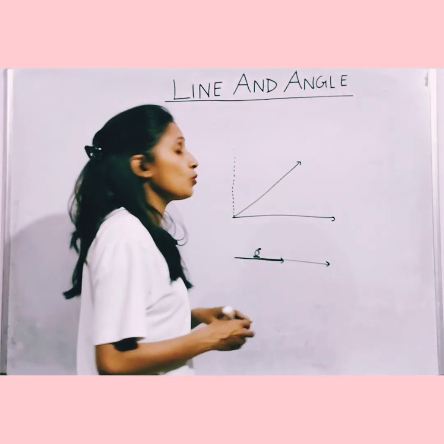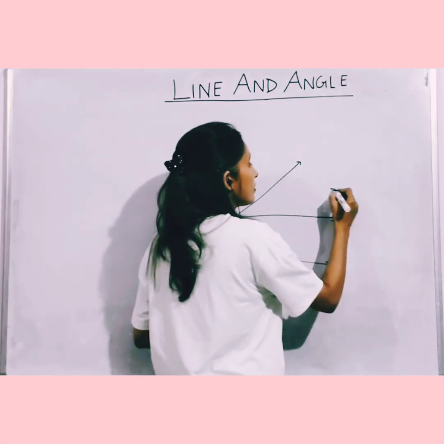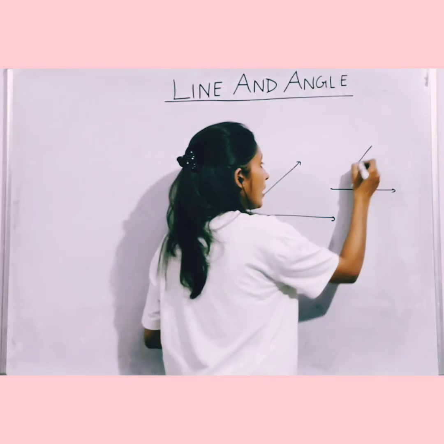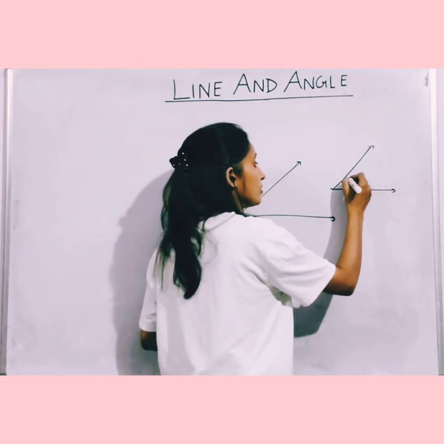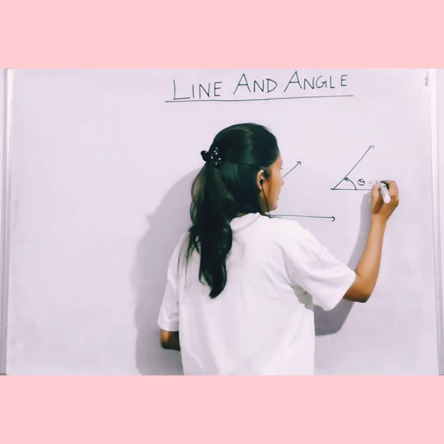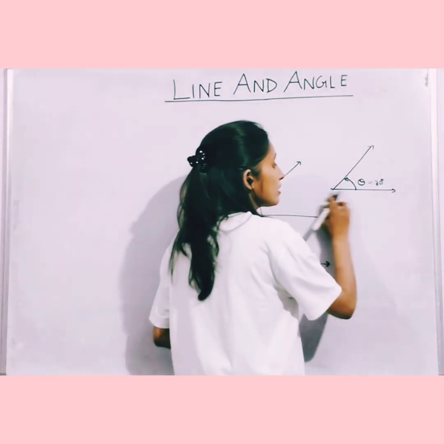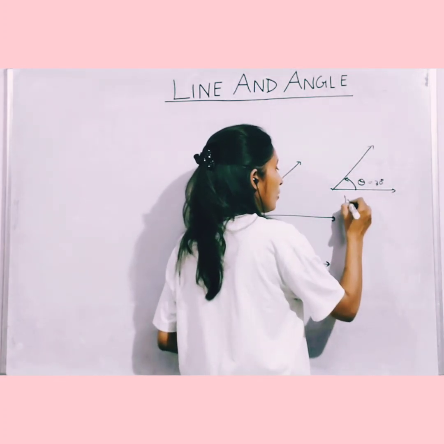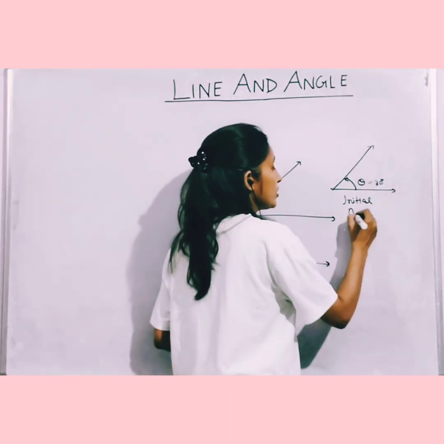Let me explain the terms, what is terminal arm and what is initial arm. See, if I have made an angle like this and I have to move from this ray to this, and we have made angle theta equal to 30 degrees. Let's say it is 30 degrees, okay? So this is our initial arm, since we have started from here.